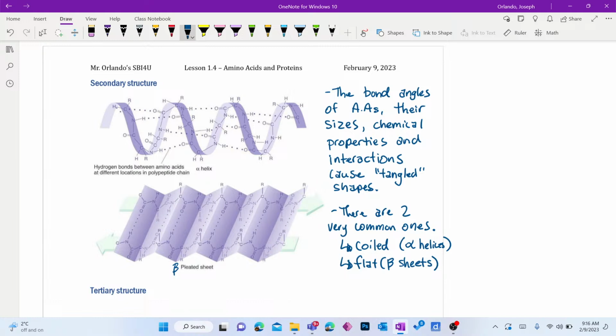Like that's a section of alpha helix. Or they just throw a little pleated flat space in there, in which case they say that section there. These are combinations that show up again and again, and they have certain chemical properties. But again, any different number of amino acids put together are going to give you a different secondary structure, a different kind of little shape.